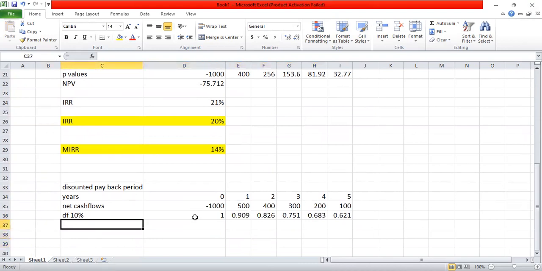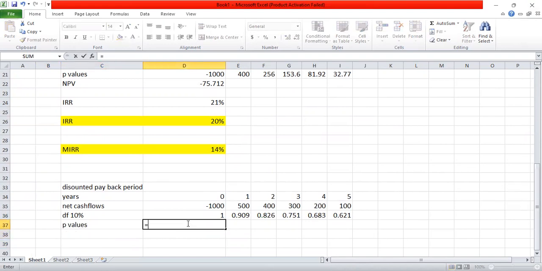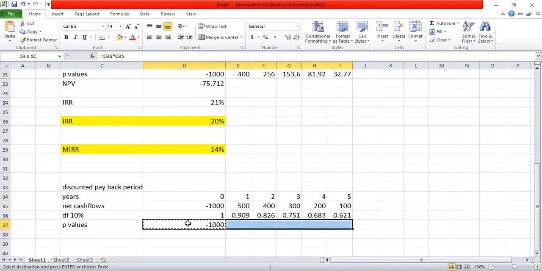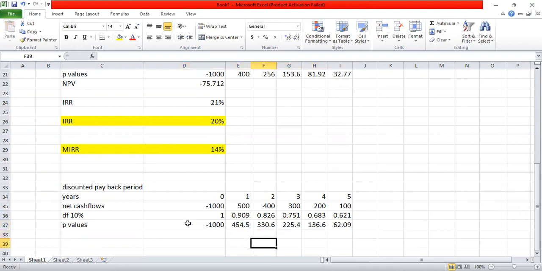Then you have the present values. This, copy, paste. Now the last column which you make is the cumulative cash flow column.